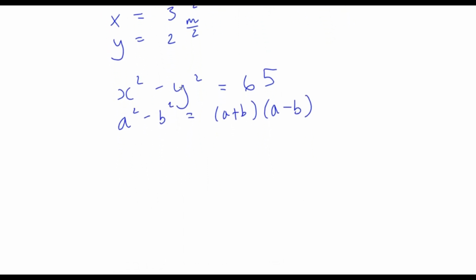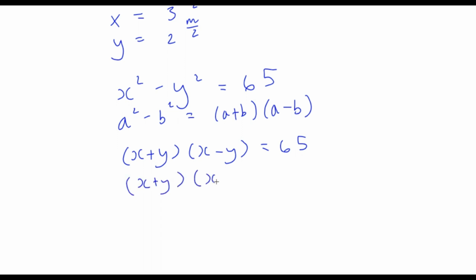So x squared minus y squared, this is in the same form, meaning x squared minus y squared is the same thing as x plus y times x minus y, and now this is equal to 65. Now 65, this is the same thing as 13 times 5. So we have x plus y times x minus y is equal to 13 times 5.